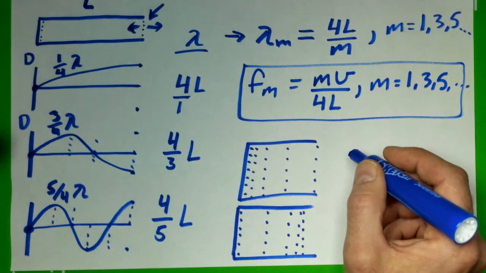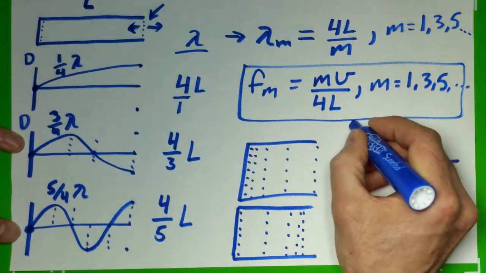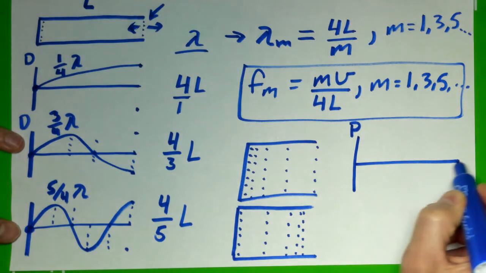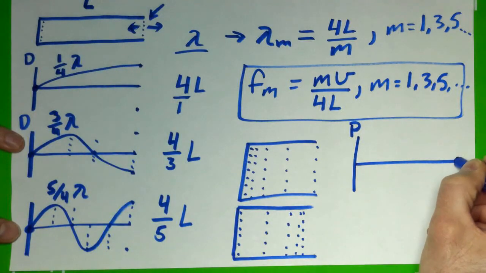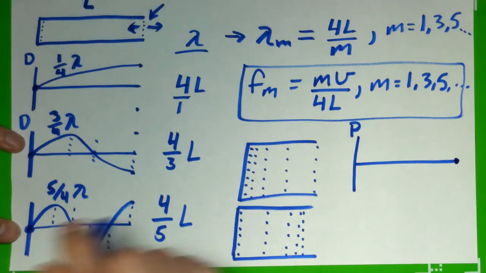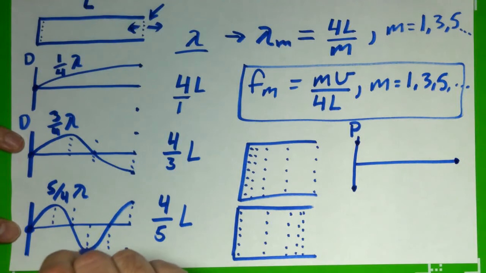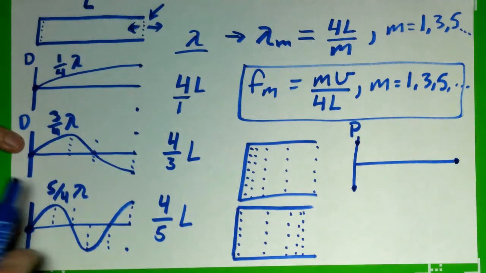So if I were to go back and look at this pipe, and I were to now draw a pressure wave, or describe the pressure as a function of position along the pipe, now I'd have the open end of the pipe be a node, and the closed end of the pipe be a pressure antinode. But you can see it's the same thing. All these curves would just be backwards.